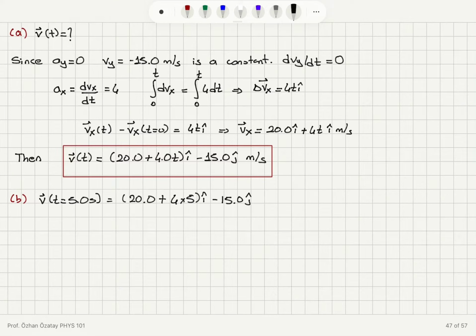So the velocity at t equals 5.0 seconds is 40 i hat minus 15 j hat meters per second.